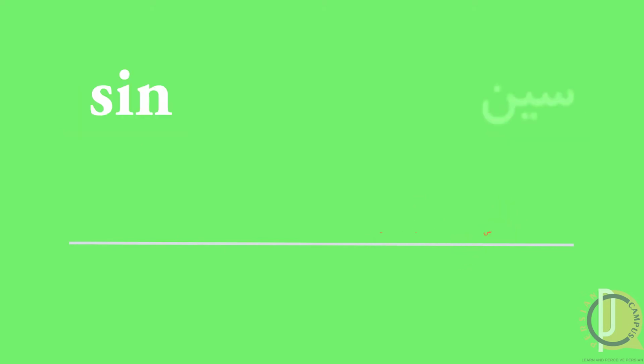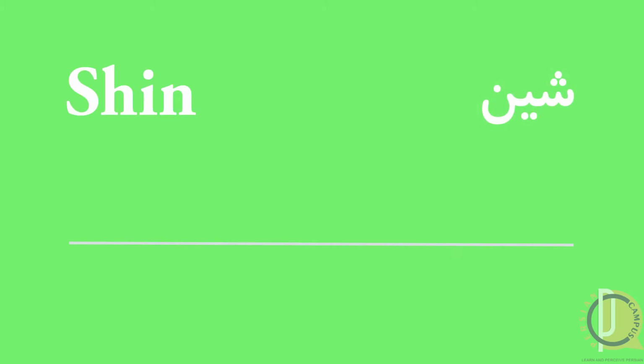If you remember, we had seen in the previous video the same shape but without any dots, and the sound was s. But now here we have sheen with three dots above. That sounds sh.